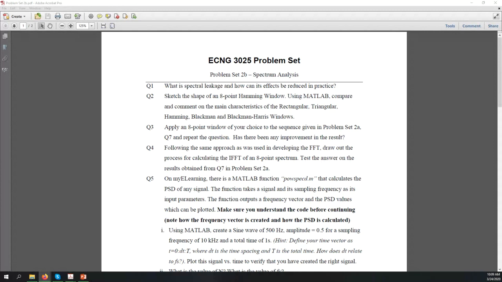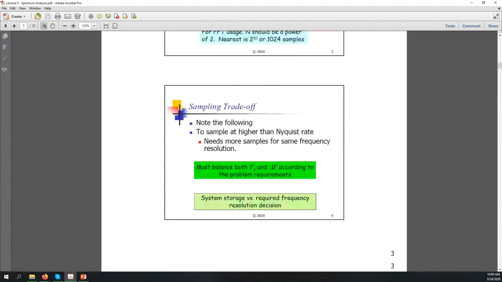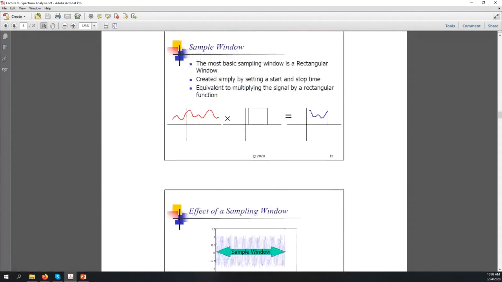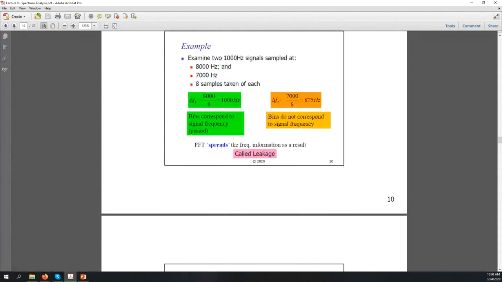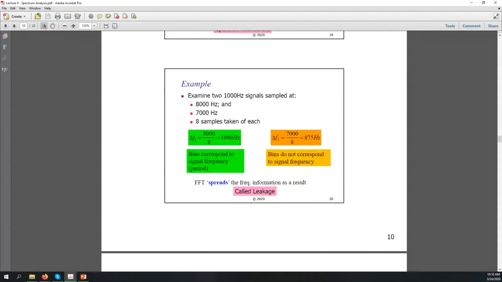So for question 1 regarding problem set 2b, which is what is spectral leakage and how the effects can be reduced in practice, what we're looking at in particular is the spectral leakage lecture. We want to observe what spectral leakage is. Spectral leakage occurs when we're sampling our original signal, and the sample frequency bins do not correspond to the signal frequency.